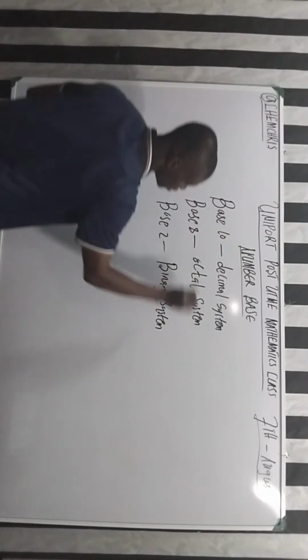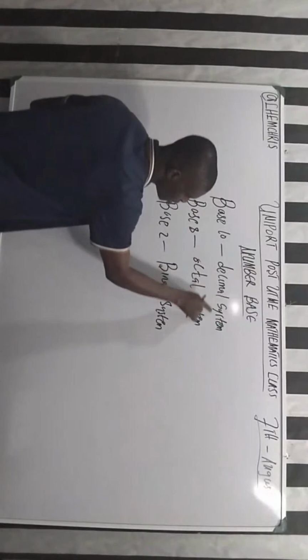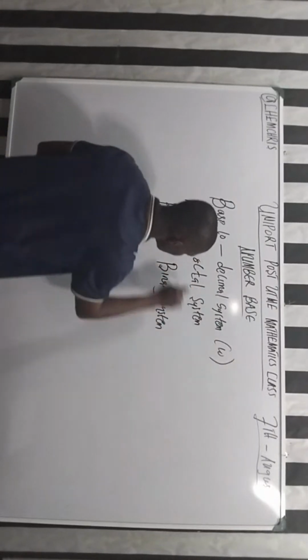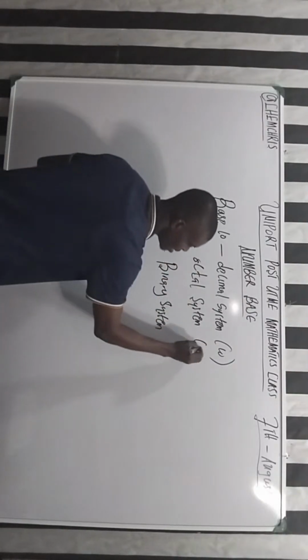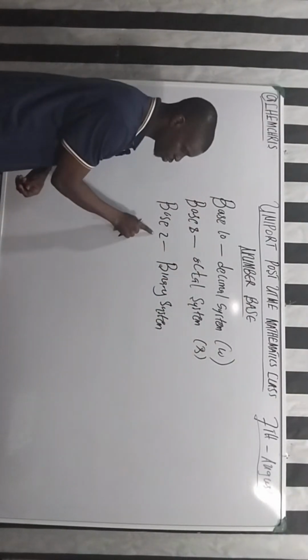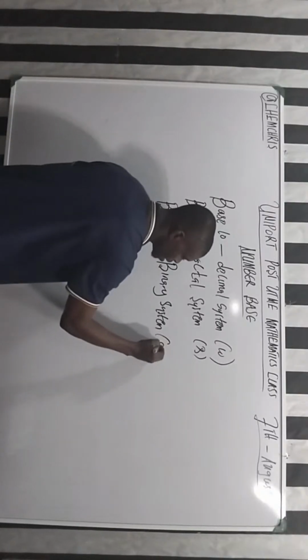So base 10 is the decimal system. Base 8 is the octal system. Base 2 is called the binary system, which is 0 and 1.